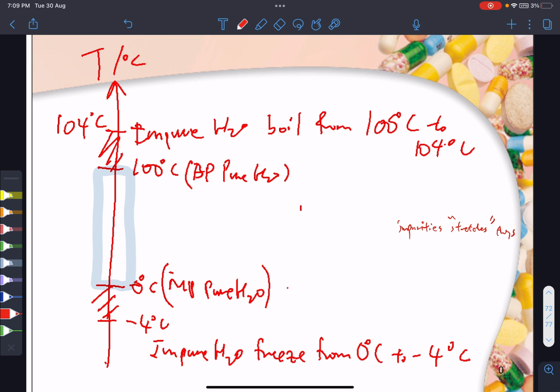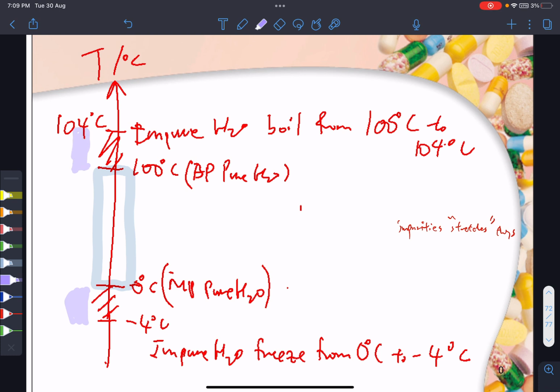It will now melt from 0 to 4 degrees, melting over a lower temperature also, and it will also boil from 100 to 104 degrees.